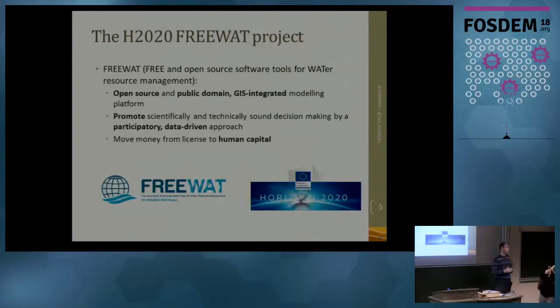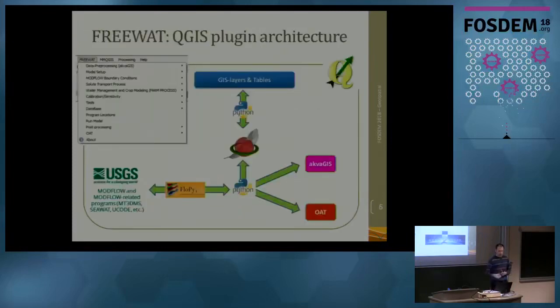So everyone can look at the GIS and tell something about it. Not everyone can look at a numerical model. If you use this GIS in an integrated way, you can get better interaction with everyone. And of course, it's also open source. One of the project leader's ideas is to move money from license to human capital, which I think is very nice.